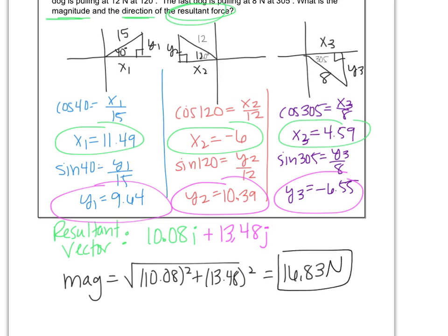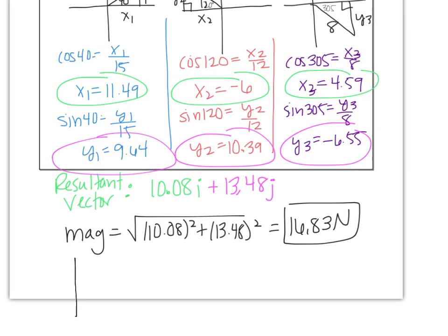And then we also have to find the degree. If it helps you, you can graph out where our vector is right now. The horizontal point is 10.08, the vertical part is 13.48. We just found the magnitude, we're looking for theta. So we should be using tangent of theta, just make sure you do the right order. It's actually vertical over horizontal.